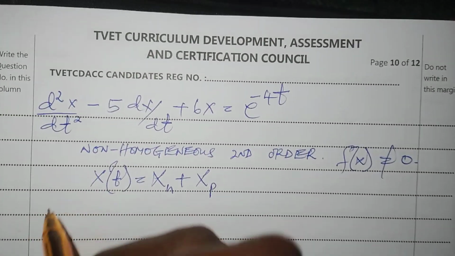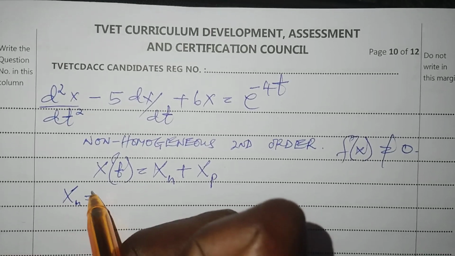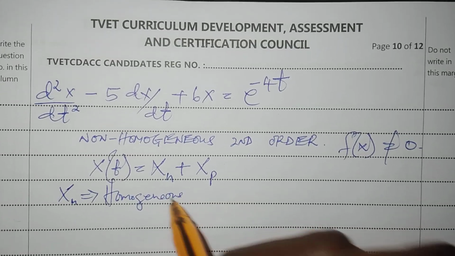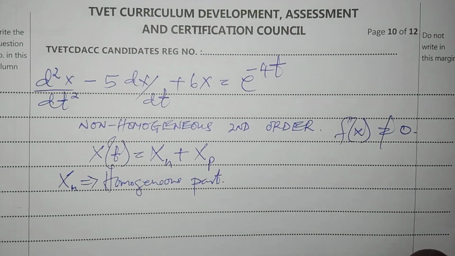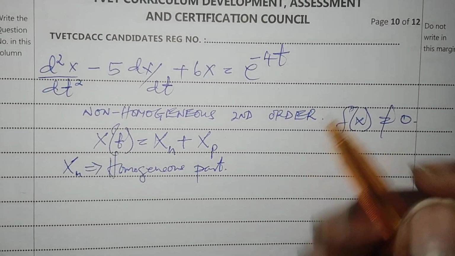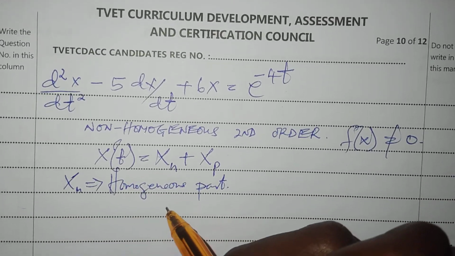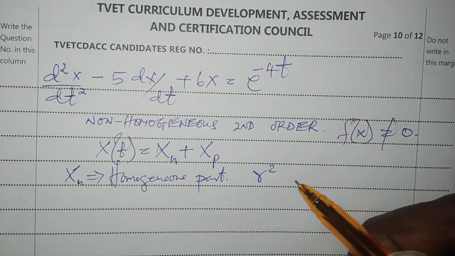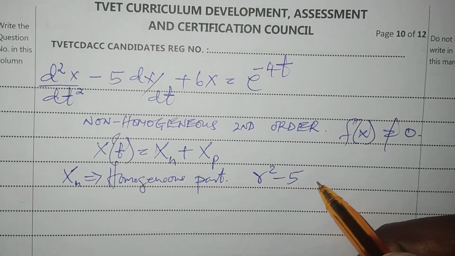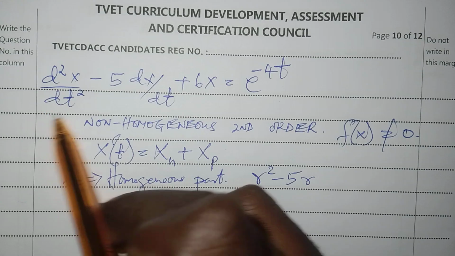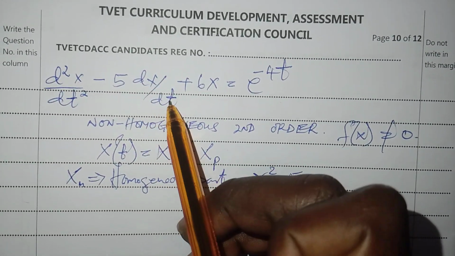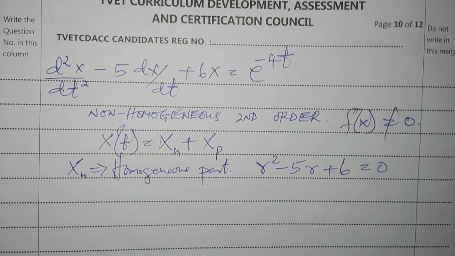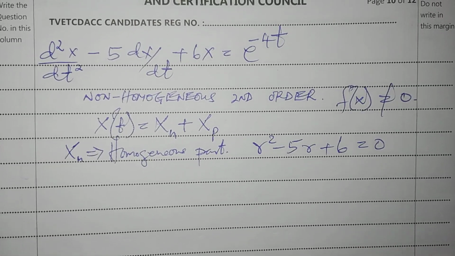For the first solution xn, we first solve the homogeneous part, and for that we find the characteristic equation, where the characteristic equation is r squared minus 5r plus 6 is equal to 0. Here dx/dt becomes r.